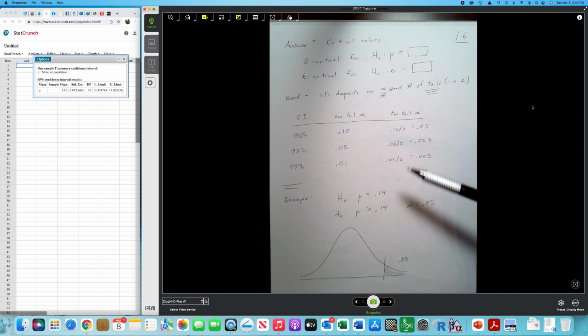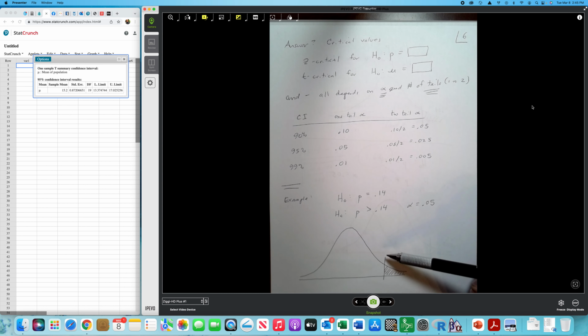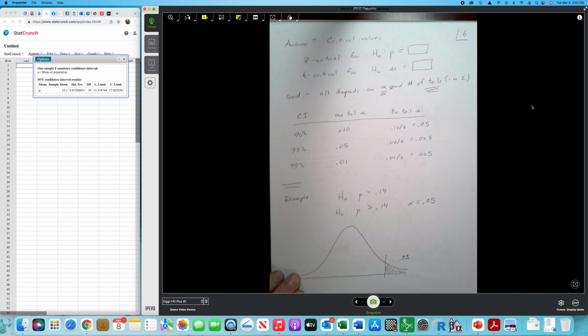So if I am testing, for example, H sub 0: p equal 0.14 against p greater than 0.14, and my alpha is 0.05, I'm going to put 5% of the area under the curve in the right tail, because greater than, for my rejection region.